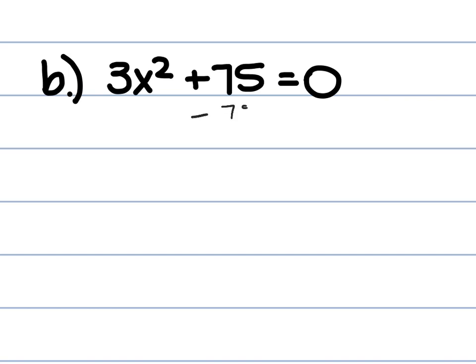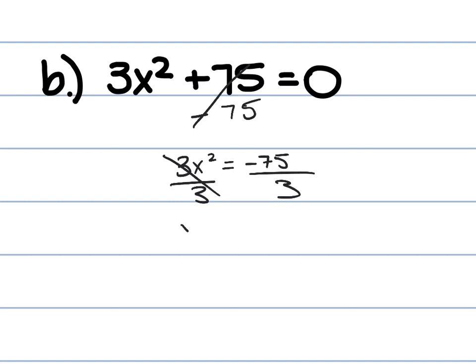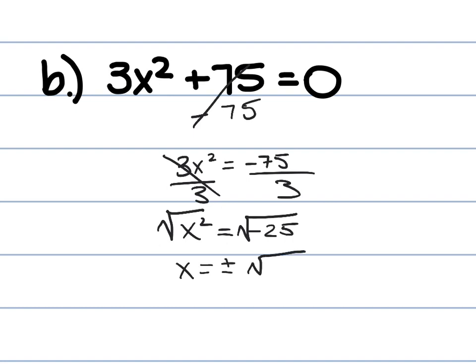Let's subtract 75. And we get 3x squared is equal to -75. Divide by 3. And we get x squared is equal to -25. Square root of both sides. And when I do, I get x is equal to plus or minus the square root of -25.